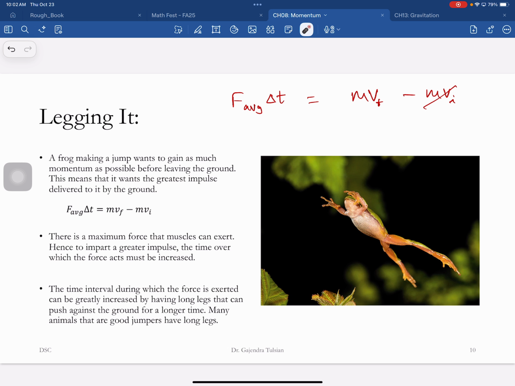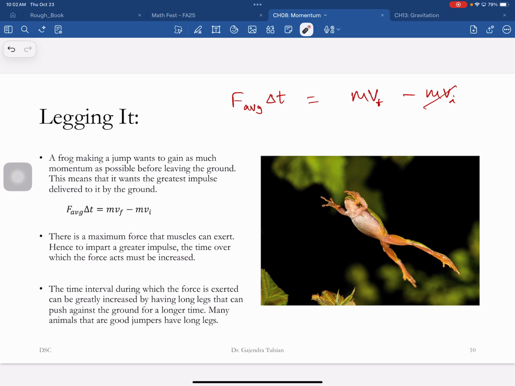A frog making a jump wants to gain as much momentum as possible before leaving the ground. This means that it wants the greatest impulse delivered. It wants this to be large, so this can be large. There's a maximum force that the muscle can exert. Hence, to impart greater impulse, the time over which the force acts must increase.